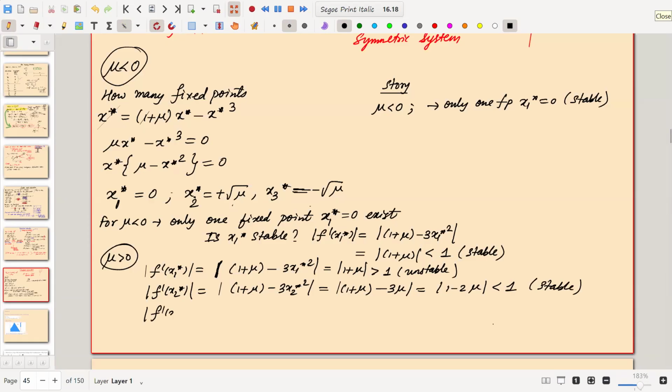Now modulus of x3 star, the new fixed point, another fixed point. 1 plus mu minus 3x3 star square, right? What is it? 1 plus mu minus 3 mu, same. 1 minus 2 mu. Since mu is greater than 0, 1 minus 2 mu should be less than 1. Again stable.